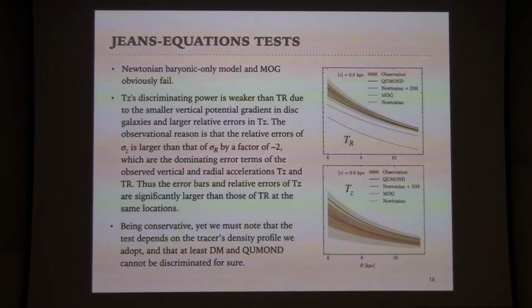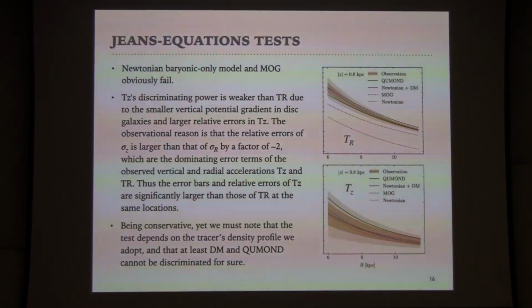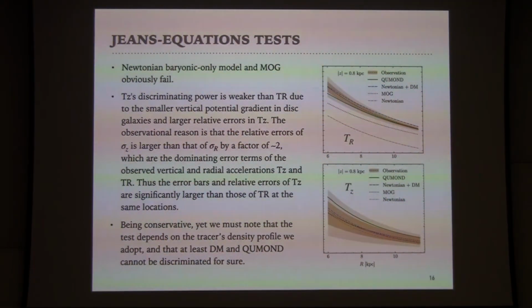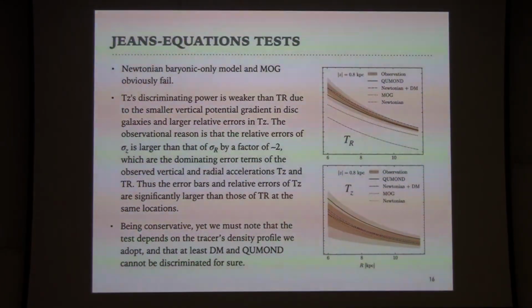For the dataset we use here, the relative errors of TZ are about twice as large as those of TR, which affects the observed vertical and radial accelerations. Consequently, the error bars of TZ are significantly larger than those of TR at the same locations. So we still need to be conservative in our comparisons.